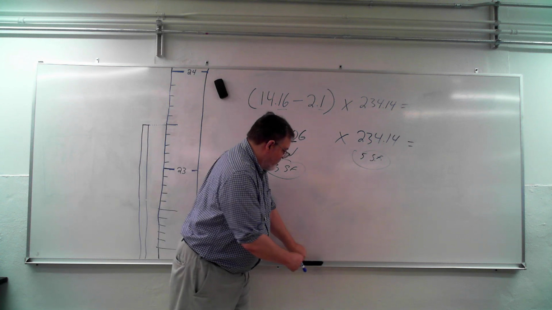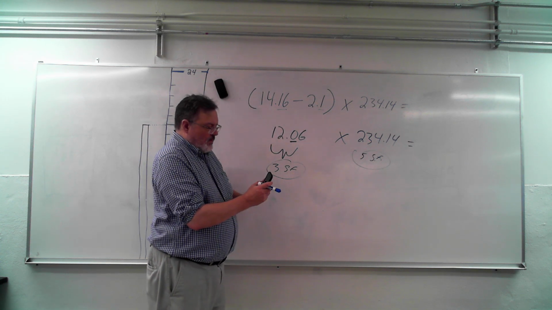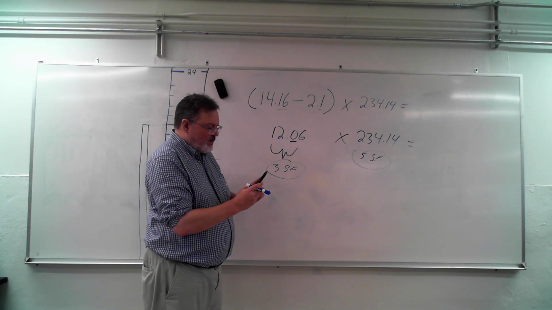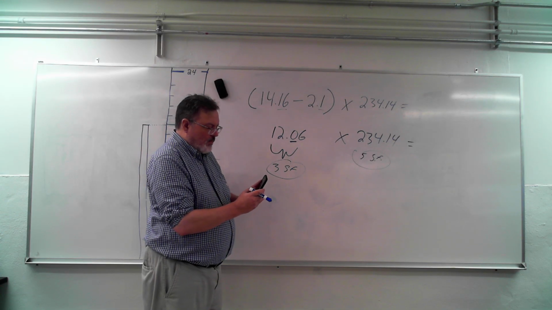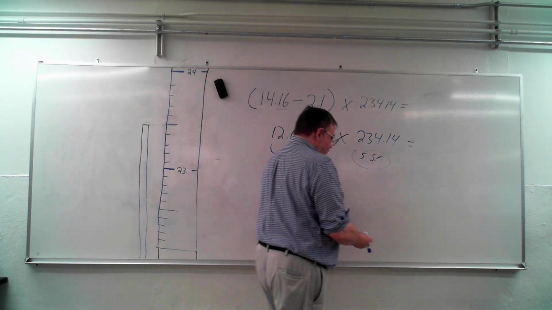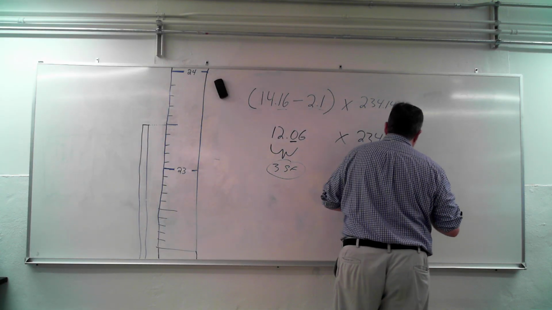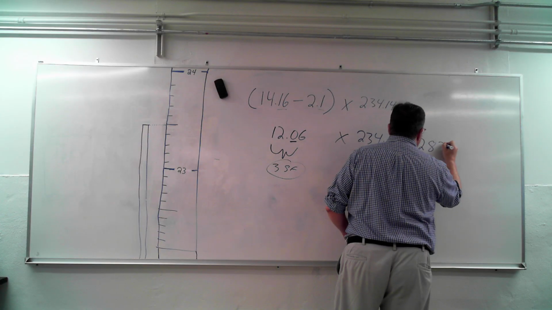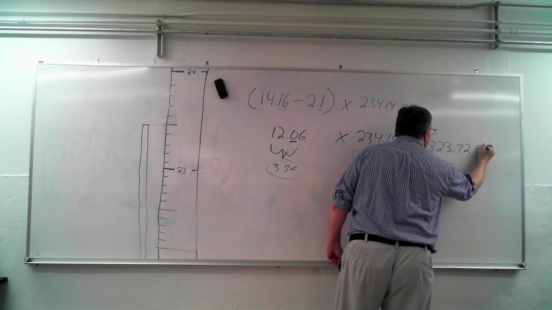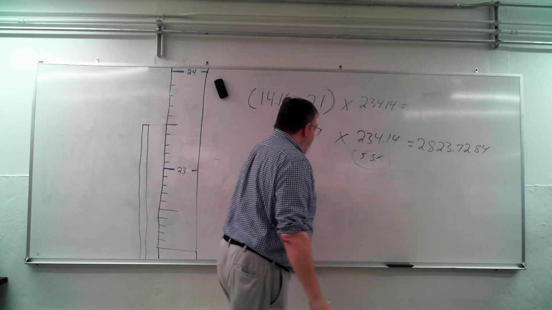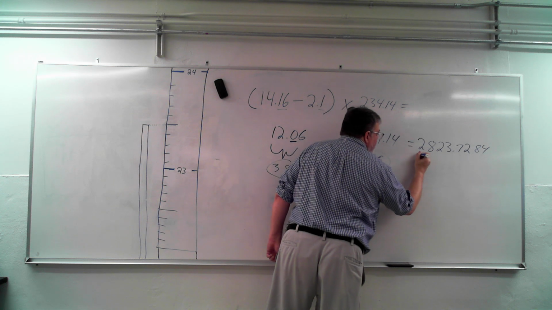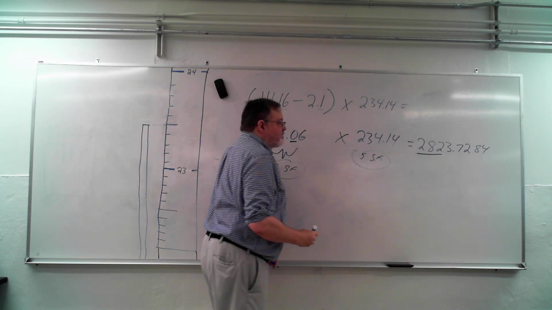So 12.06 times 2, 3, 4, 1, 4. My calculator says that's what my calculator says. But this here tells me 3 significant figures is what I'm keeping, so it's those.